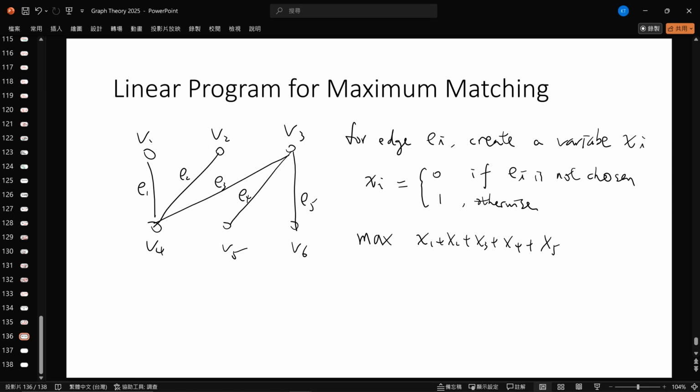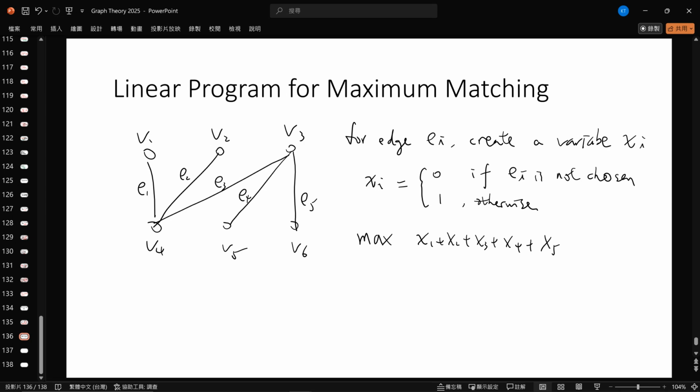The next step, which is also the last step, is to define the constraints. So what are the constraints in maximum matching? What constraints do you need to consider when you choose edges? Well, the only constraint is that these edges that you choose cannot touch each other. They cannot be adjacent to each other.